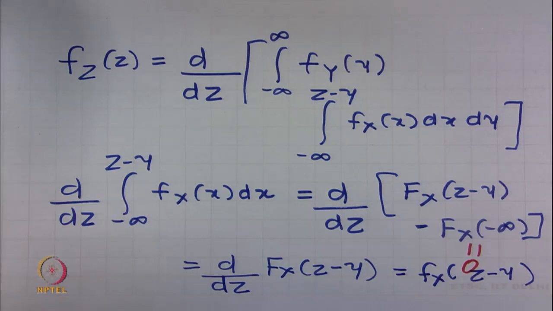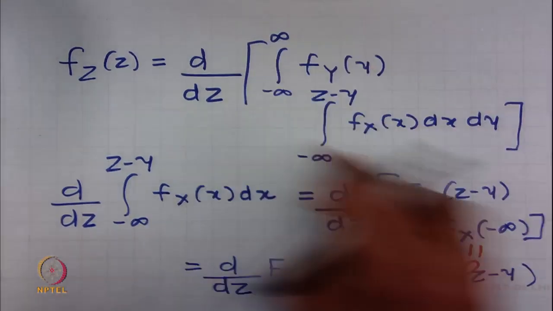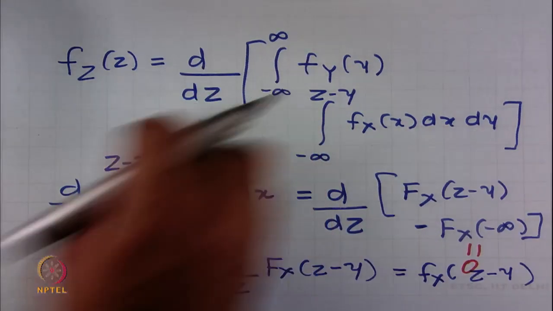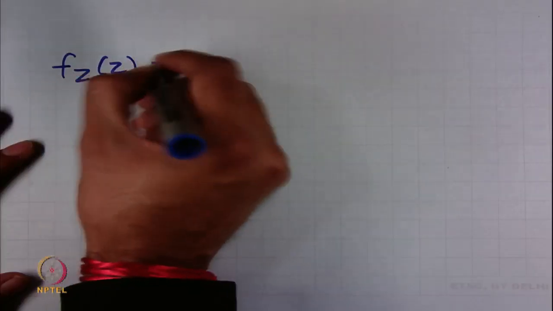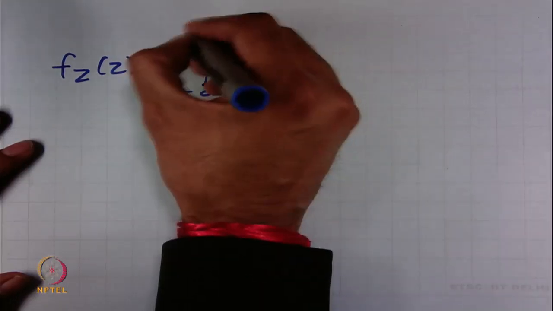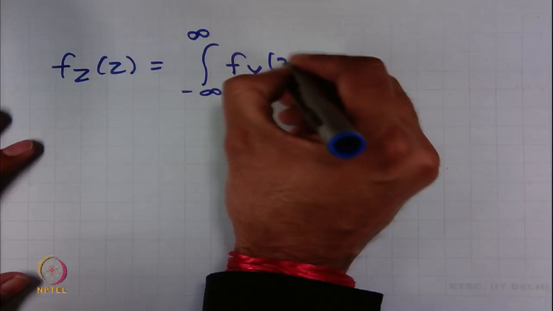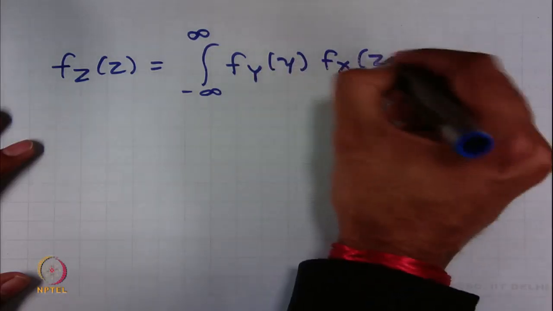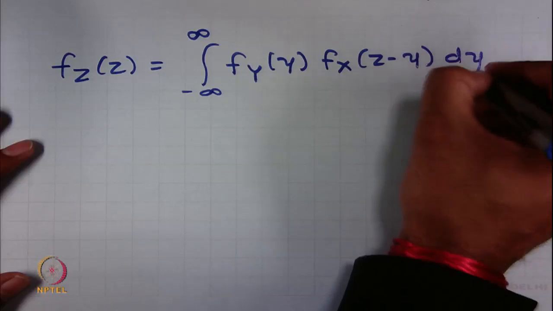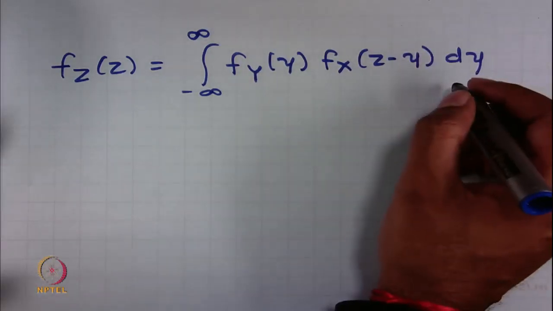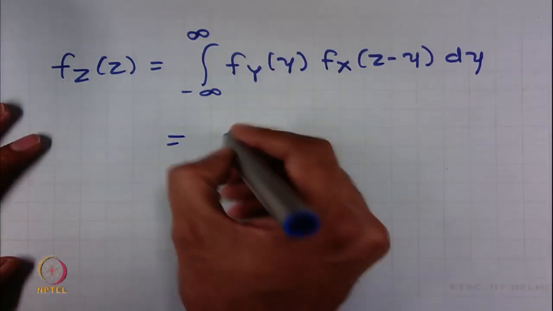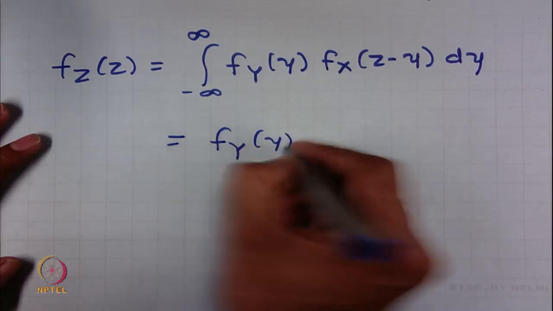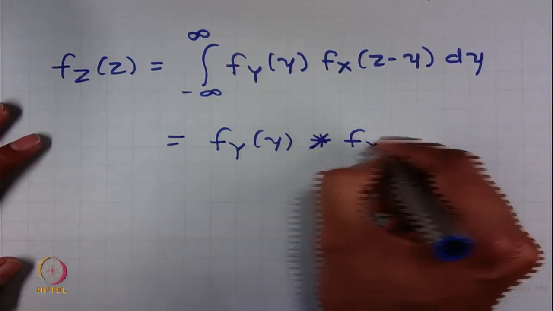So, it is simple. What I get when I differentiate this integration with respect to z is simply this, and what is this? If you look at this carefully, this is nothing but the convolution of the probability density functions of x and y.